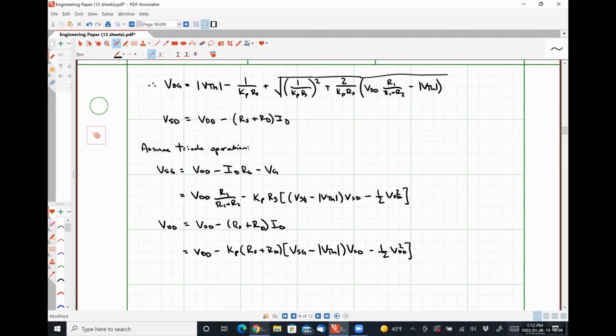Solve these two to determine VSG and VSD. And then only one of the solutions will give you a situation in which the source drain voltage VSD is less than the overdrive voltage, meaning that the triode region operation is correct.